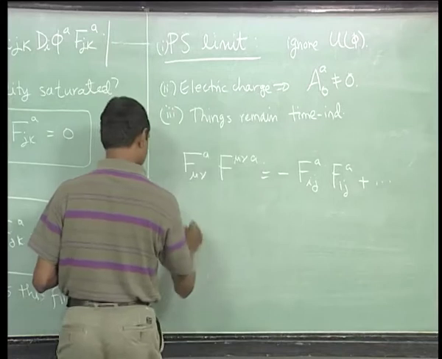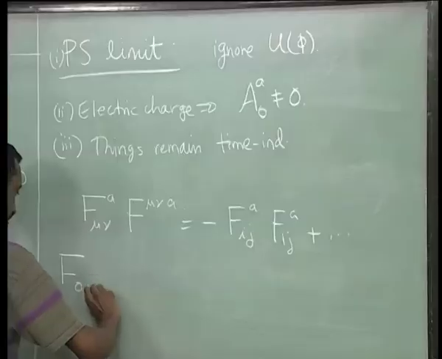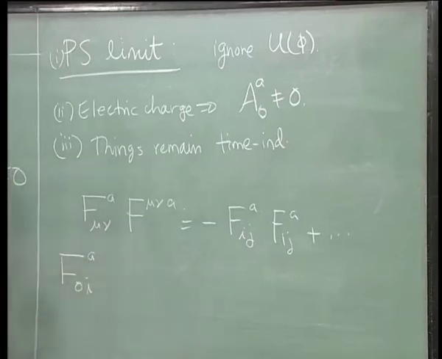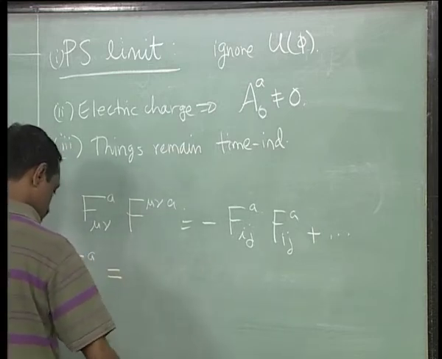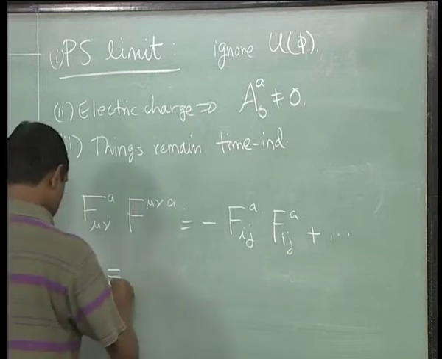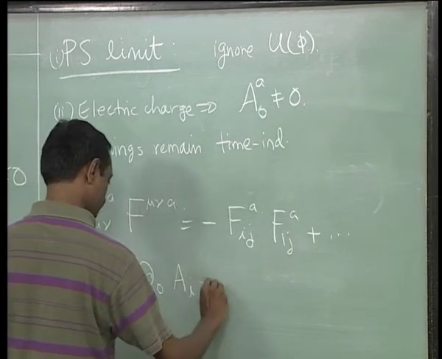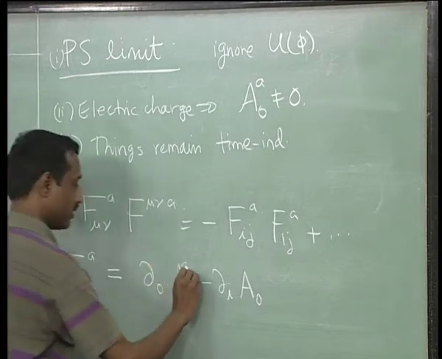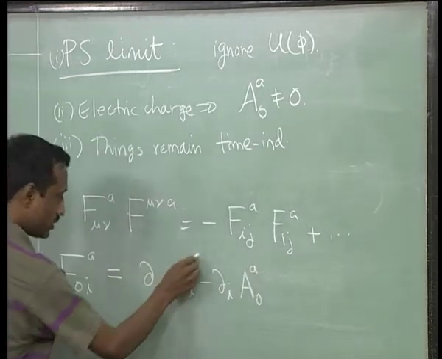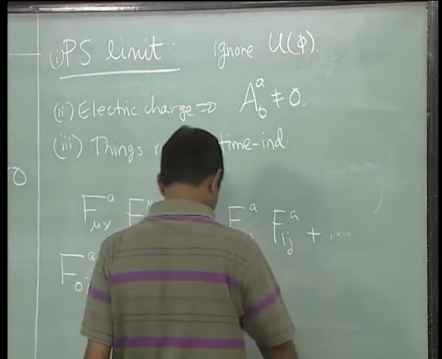To look at that, let us consider F_0i^a. Let us write this out. There will be one part which would be d0 A_i minus d_i A0 of a. The first thing to note is that the time derivative term dies down. But what about the other pieces?